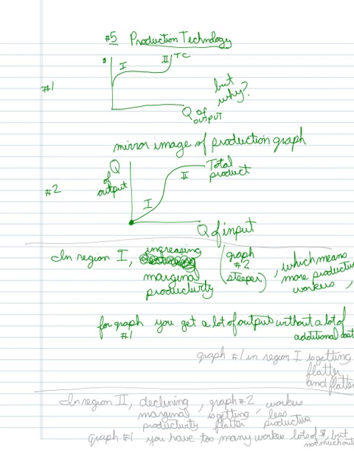Which is basically another way of saying that it's getting flatter and flatter and flatter. So that we can basically say that graph 1 in region Roman numeral 1 is getting flatter and flatter.